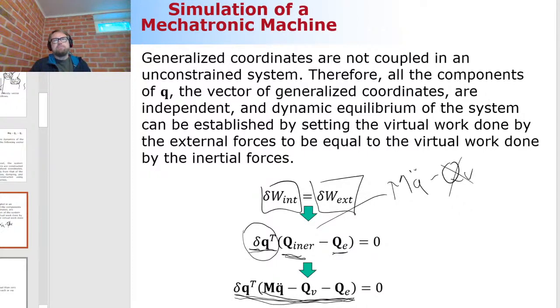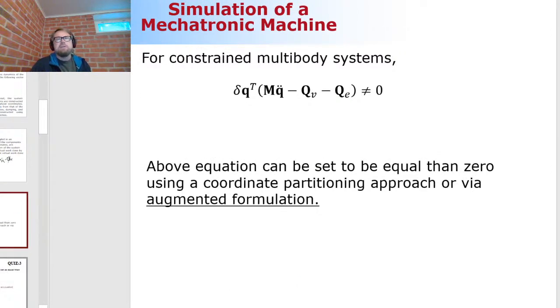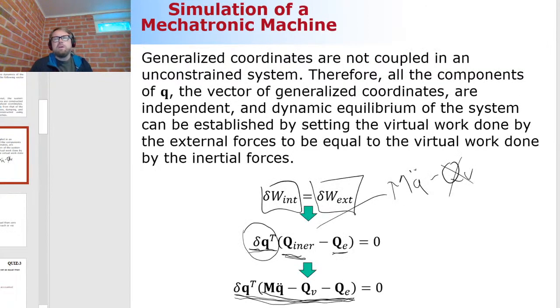Generally speaking, this equation we just got, you cannot set equal to 0. The only way you can set that to be equal to 0 is when there are no constraints, because the virtual work is equal to 0 only if your displacement, this time meaning virtual displacement, is kinematically admissible.